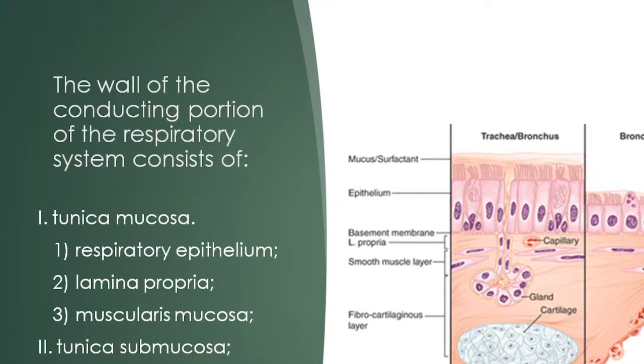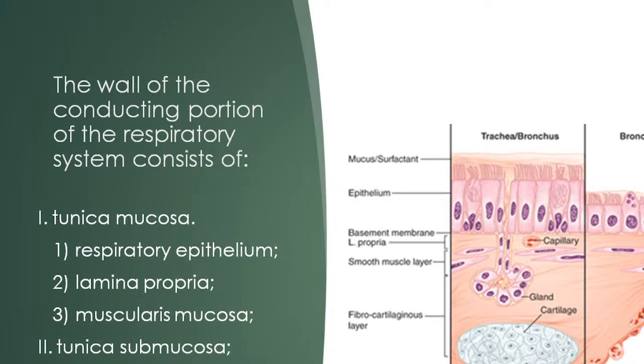In the respiratory tract, lamina propria contains lymphoid aggregations. So it's an aggregation of lymphoid cells, tissue. And these form part of the mucosa-associated lymphoid tissue.